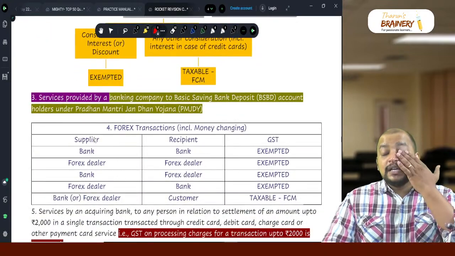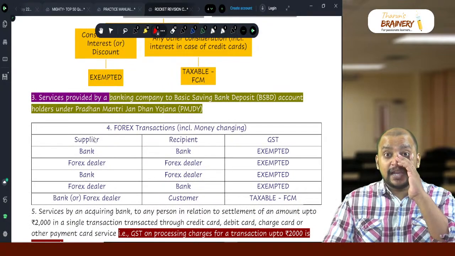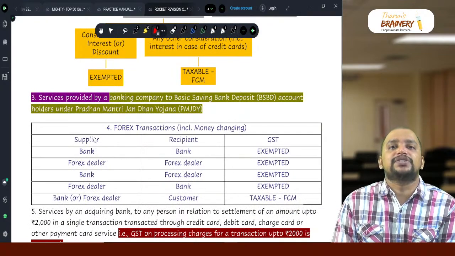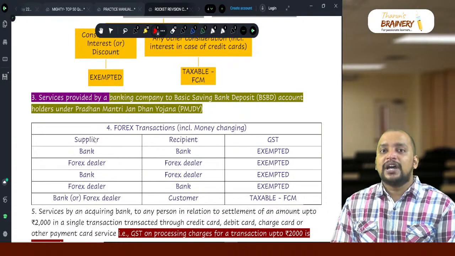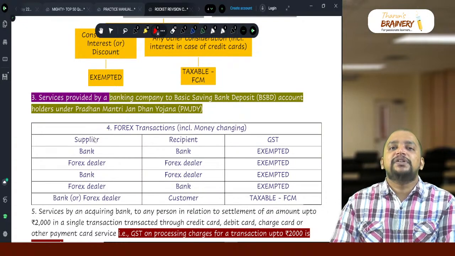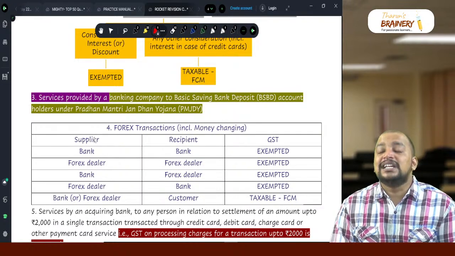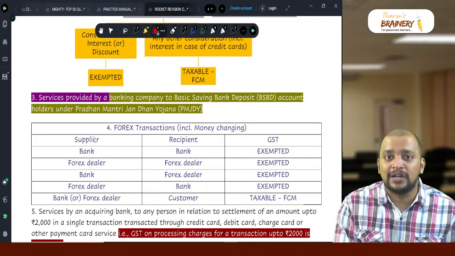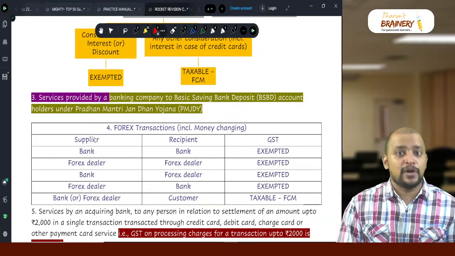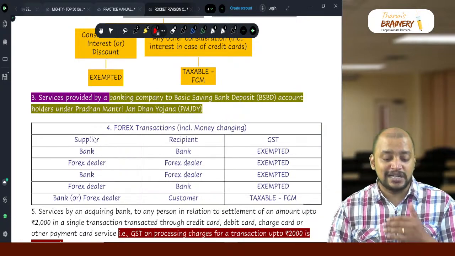Then number 3, services provided by a banking company to basic savings deposit account holders under Pradhan Mantri Jan Dhan Yojana. Under the PMJDY scheme, people will be opening nil balance bank accounts. Now if the bank charges any amount for services to these nil balance account holders, on those charges there is no GST, it is exempted.